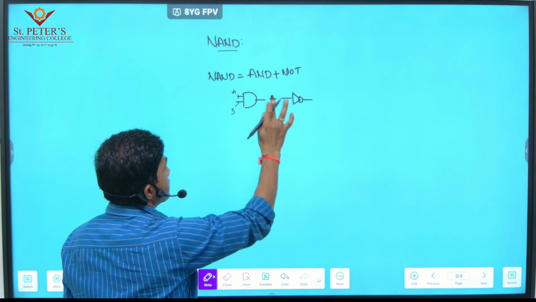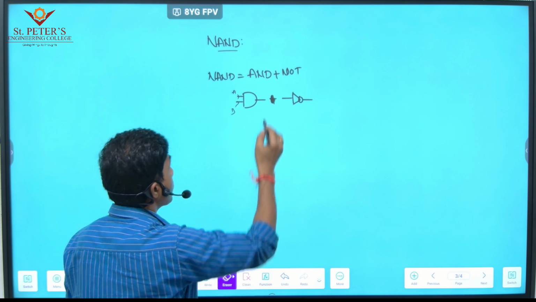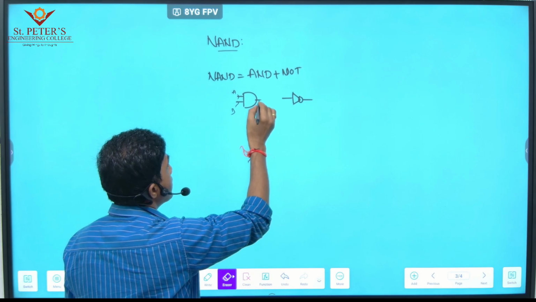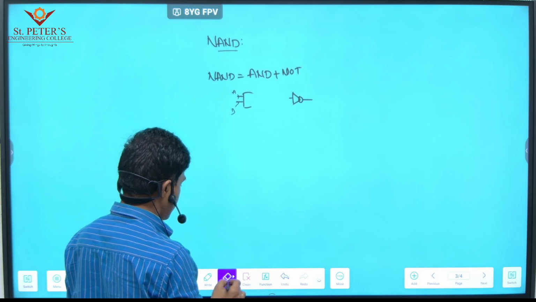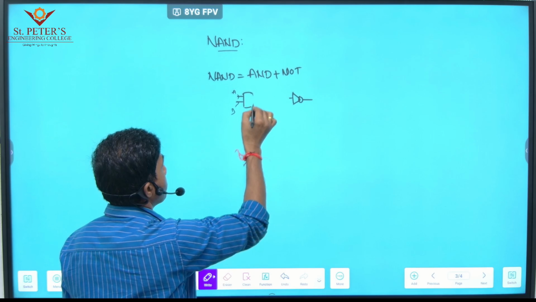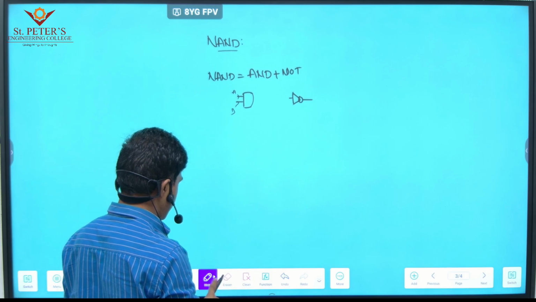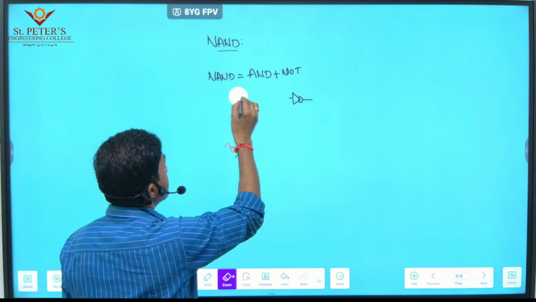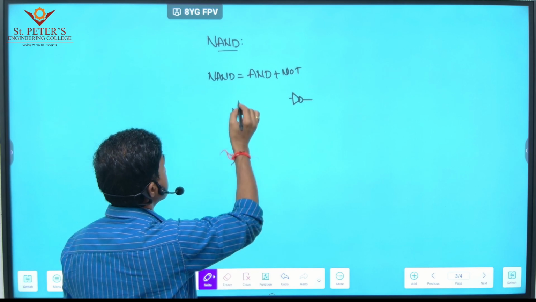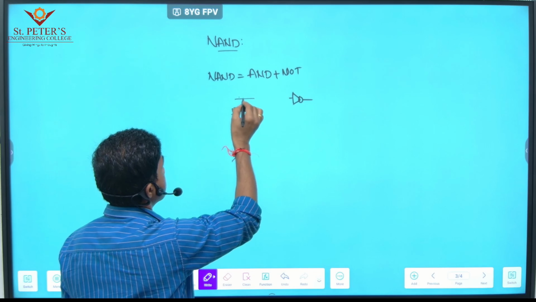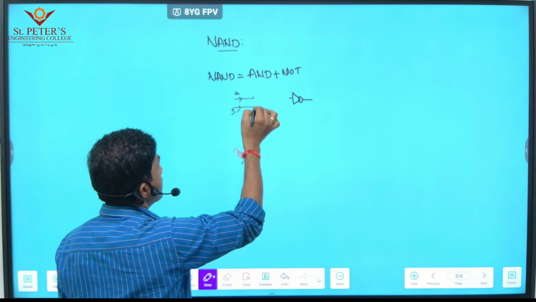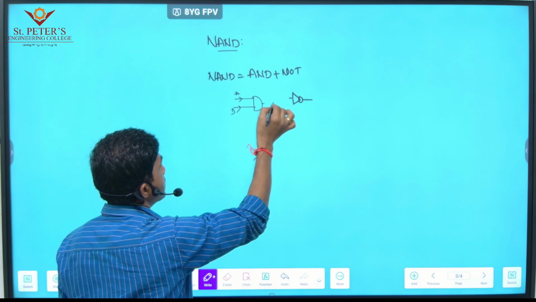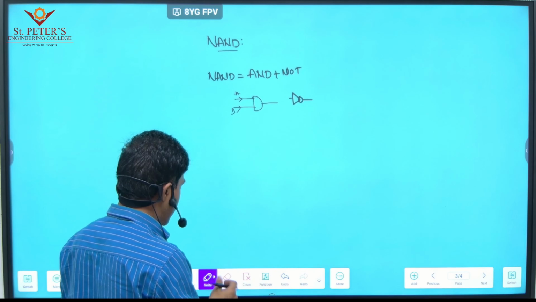So if I connect an AND gate with A and B, this is AND gate. Next, connect with the NOT gate.